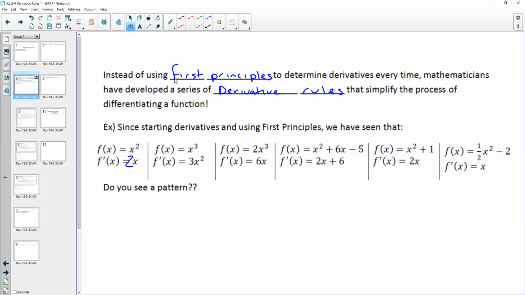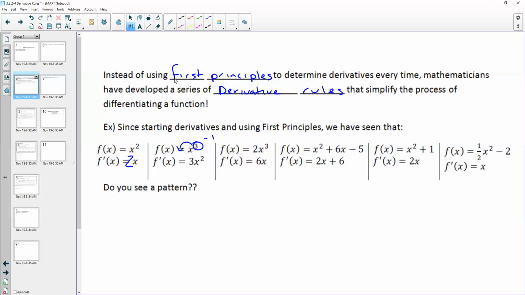So maybe the one that I had to correct may have given away the pattern, but what we're doing is taking the exponent, bringing it out front of the number, and then subtracting 1 from that exponent, right? So if our f of x is x squared, f prime of x, or the derivative of that, would be 2x.